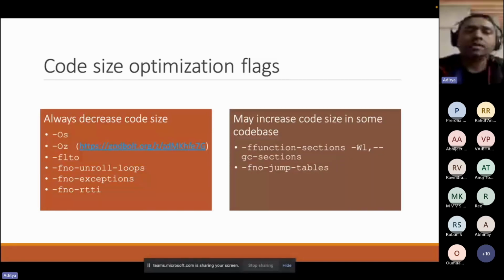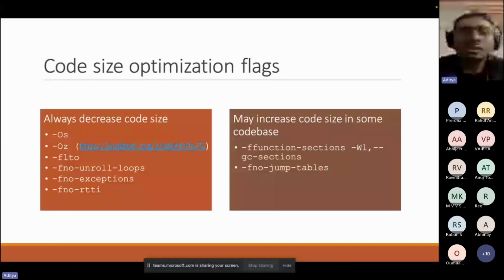In principle, it should reduce the code size, but alignment is a little bit extra when you do -ffunction-sections. Because of alignment, it might incur a code size penalty. So plus minus, you may end up with greater than 0 or less than 0, depending on how your code base is.